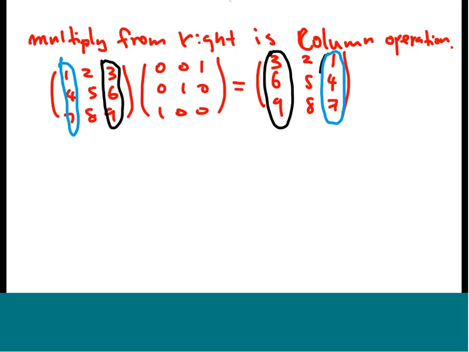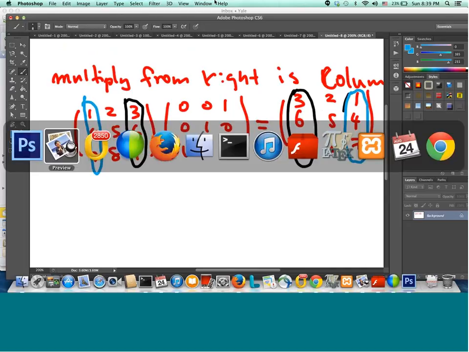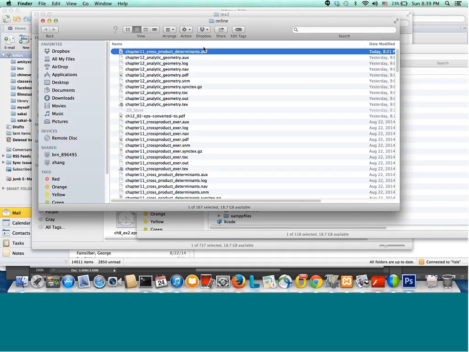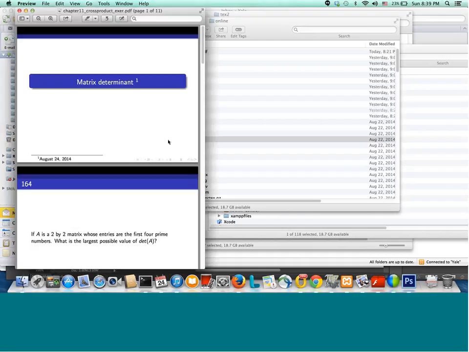So anything about the row or column operation, you can think about in terms of the row operation. Okay. Chapter 11, we still have the exercise on the matrix determinant.